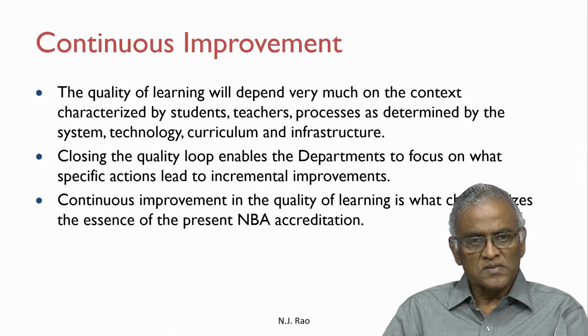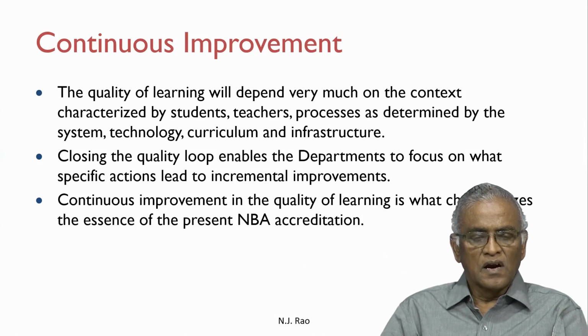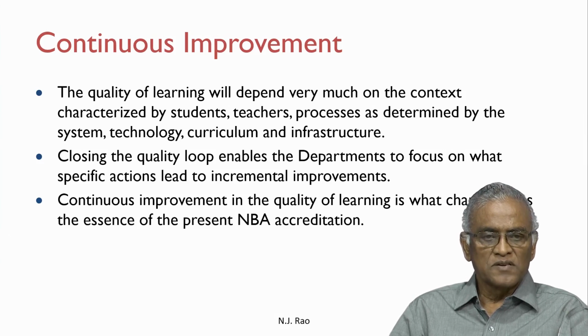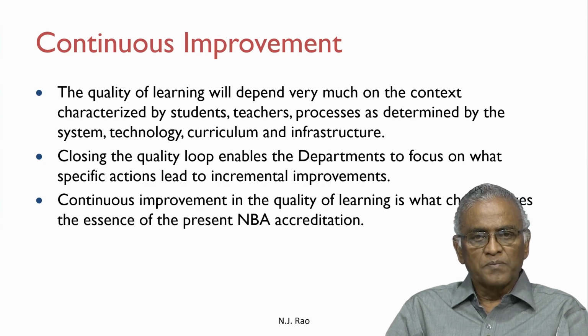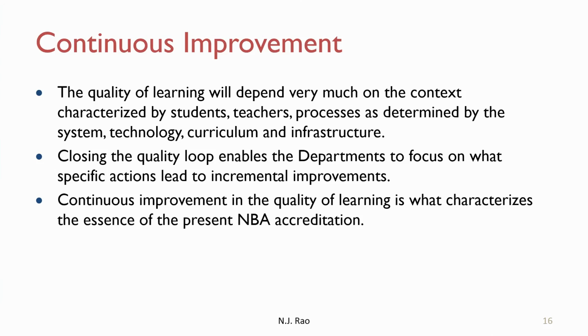Does it require infrastructure, or use of a new technology, or do some system level improvements have to take place, or does the curriculum itself have to be altered? Closing the quality loop enables the departments to focus on what specific actions lead to incremental improvements. Continuous improvement in the quality of learning is what characterizes the essence of present NBA accreditation.